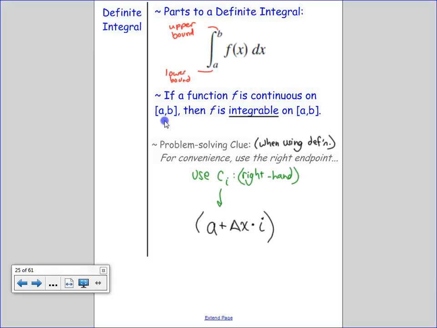We're going to set C sub i equal to a, the beginning of the region, plus i times change in x, and that's what would get plugged into our f of C sub i times change in x sub i in our Riemann sum, in our sigma. Okay?